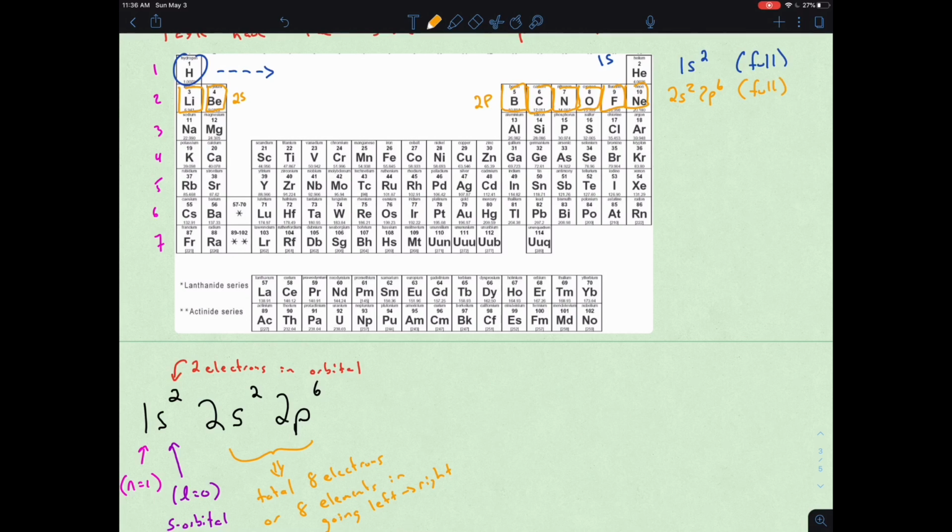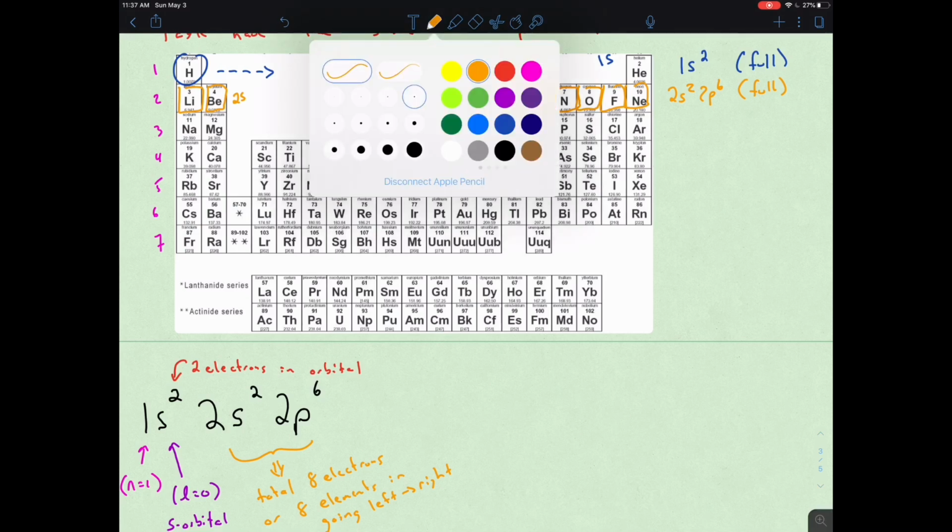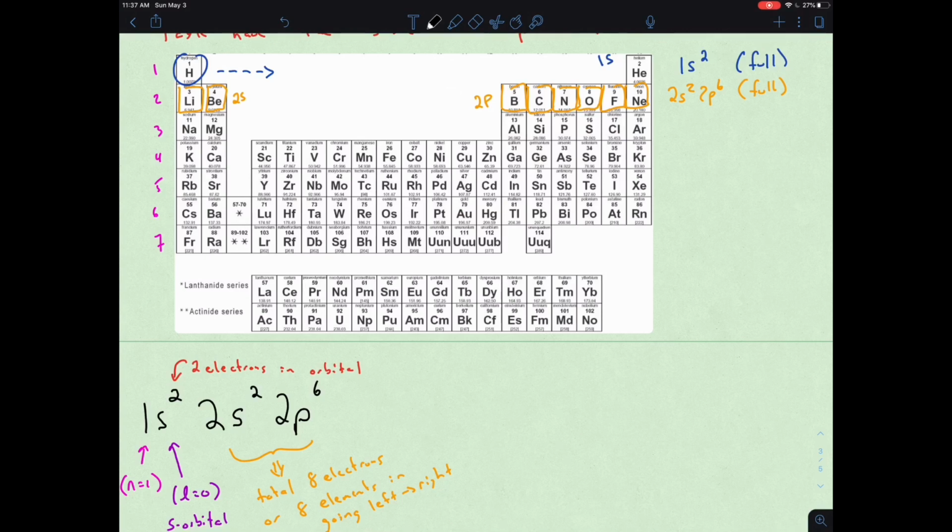And then we go down to the next level, looking at sodium and magnesium. So you can see that the periodic table is split up in such a way to think about these orbitals and how many electrons these orbitals can actually house, going from left to right.